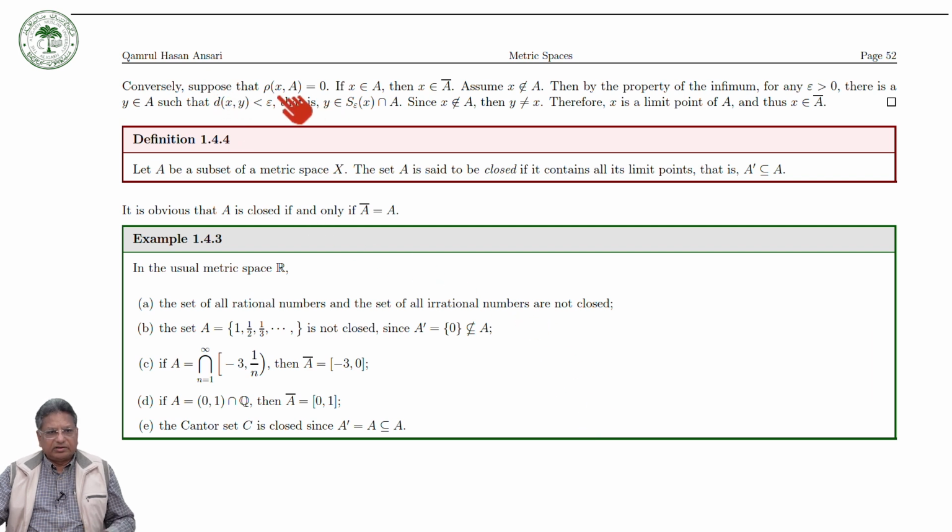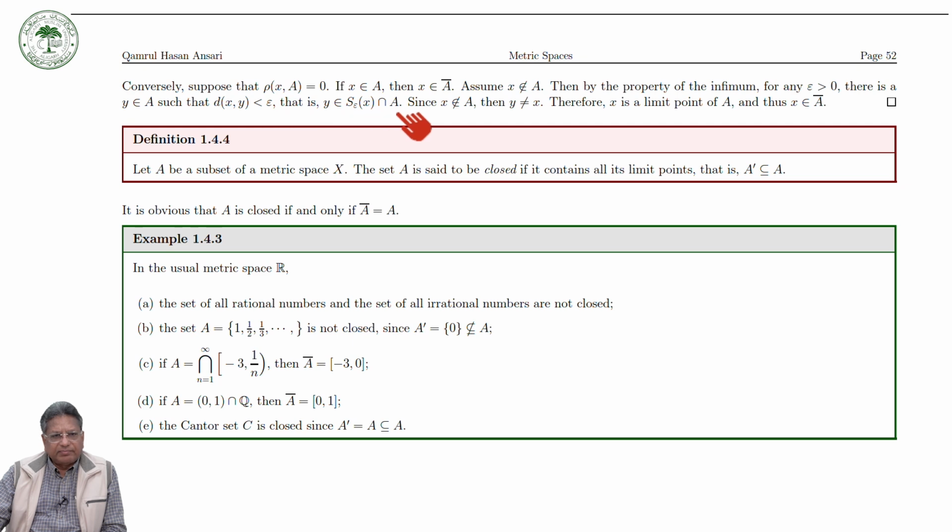So suppose that the distance from the point x to A is equal to 0. We have to prove that x is in the closure of A. If x is in A, then x is in the closure of A by the definition of the closure of A, so nothing to prove. So suppose that x is not in A. Then by the property of the infimum, for every epsilon positive, there exists y in A such that d(x, y) is less than epsilon.